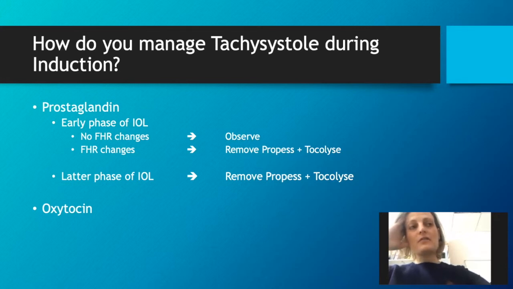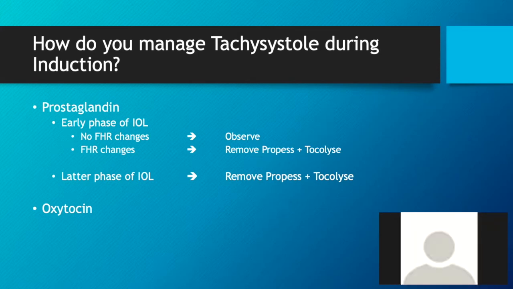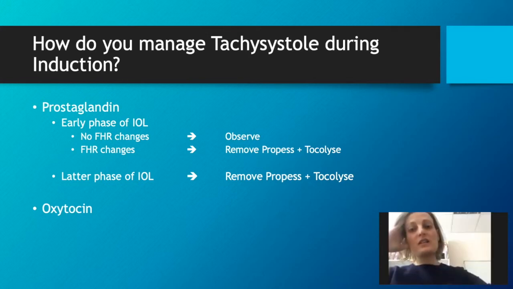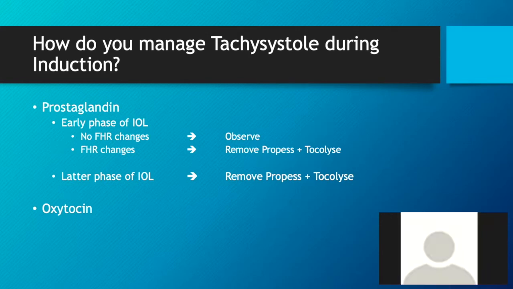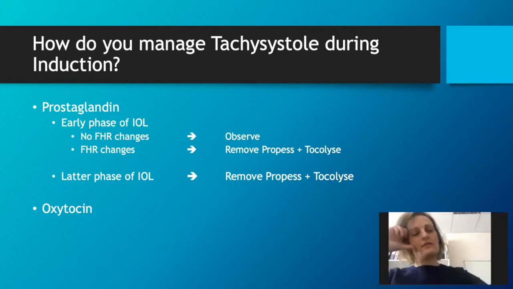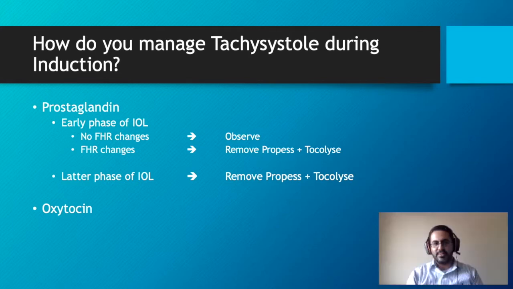Sometimes you'll need oxytocin, but one way or the other, you need to be aware of how the woman reacted to prostaglandins and how the baby reacts to it. Does that make sense, guys? Thank you, Susanna, that was very helpful.